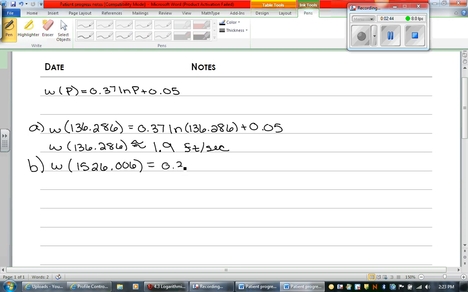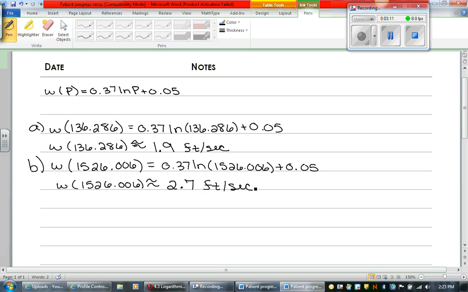And we're going to plug that right in. And that's going to give us 2.7 feet per second.